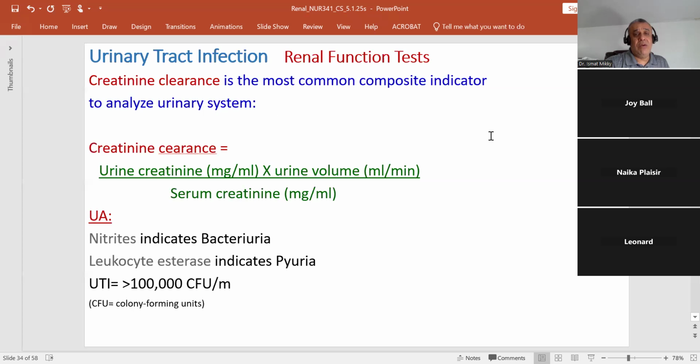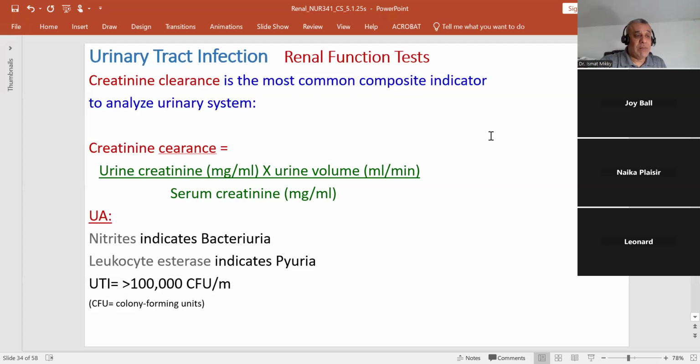When we review the urinalysis, the UA, you can diagnose a UTI just by looking at it. The most important indicator from urinalysis findings is going to be the leukocyte esterase.